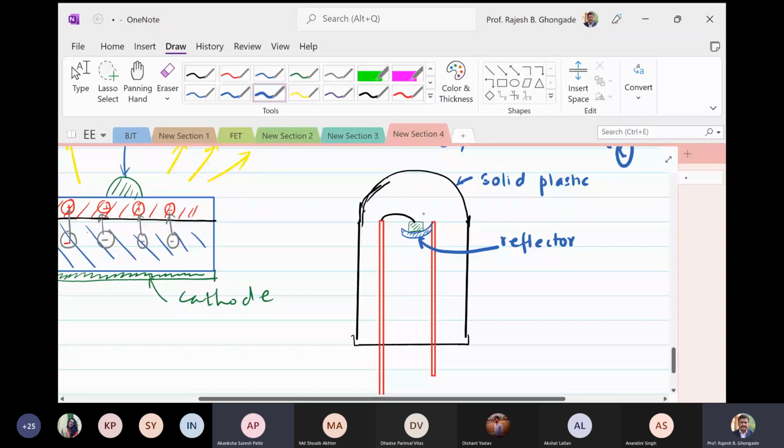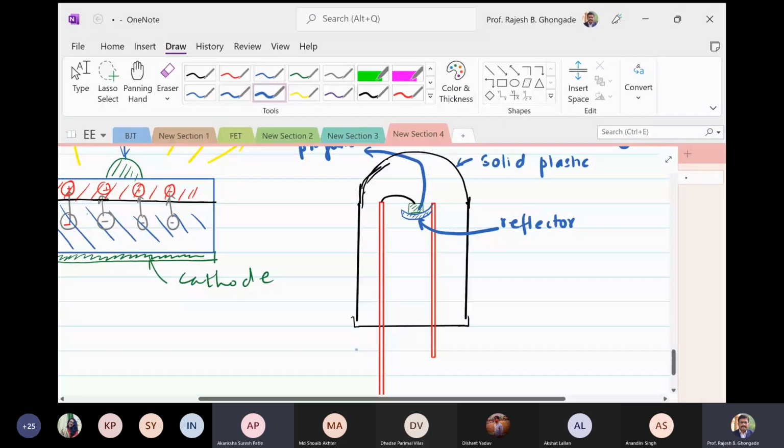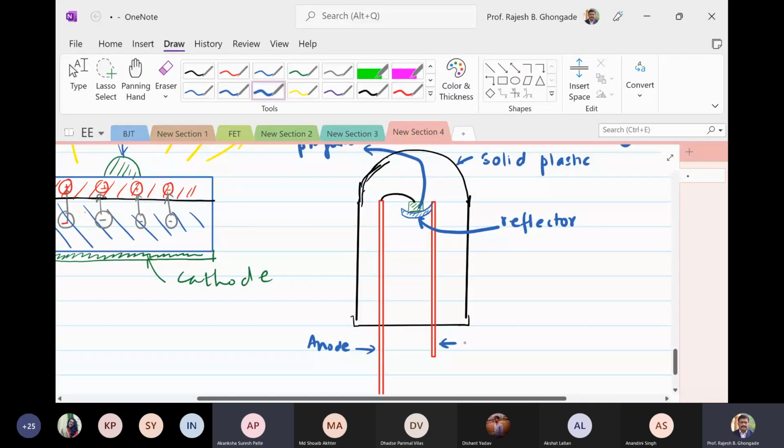This thing is your PN junction. And this block, the green one, is the PN junction. This is the anode. This is the cathode.